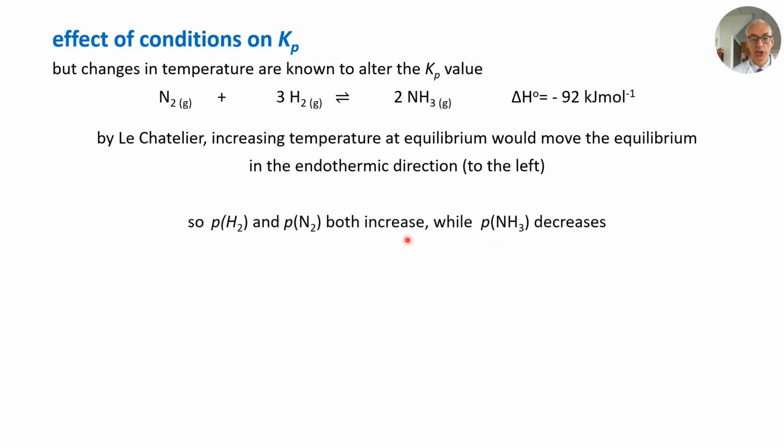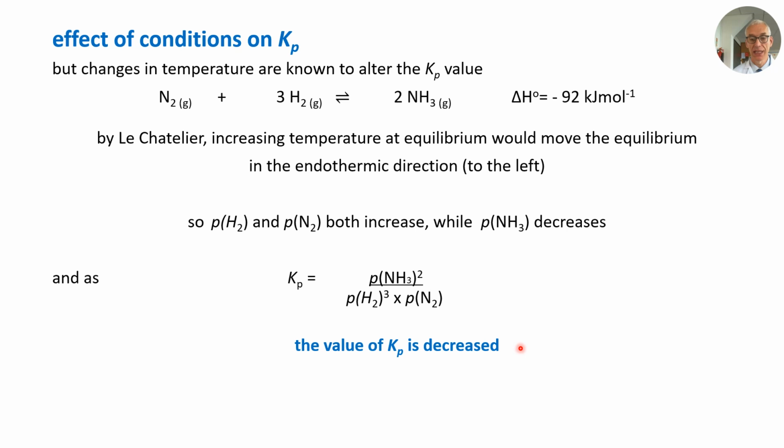So the partial pressures of hydrogen and nitrogen both increase while the partial pressure of ammonia decreases. And as Kp is the partial pressure of ammonia divided by those of hydrogen and nitrogen raised to their coefficient powers, the value of Kp is decreased.